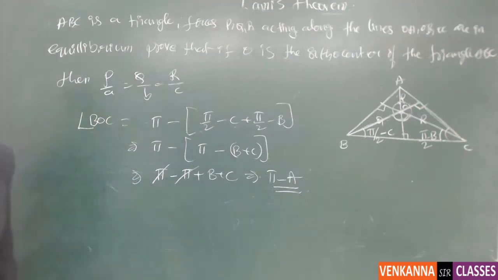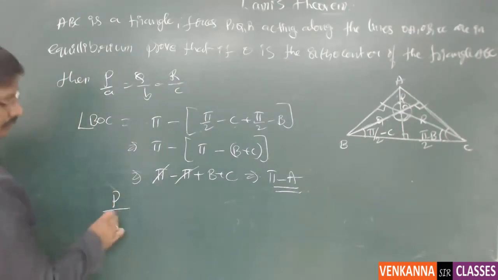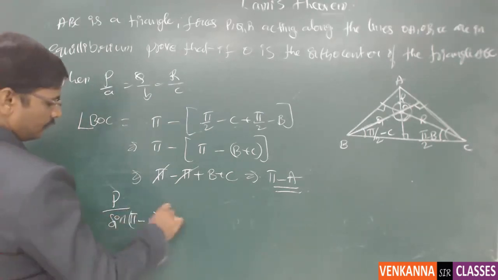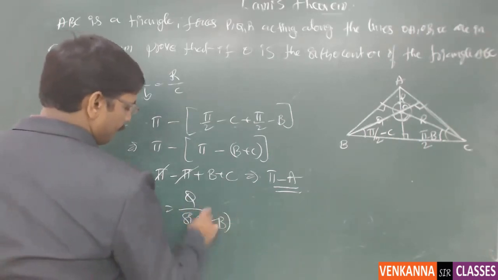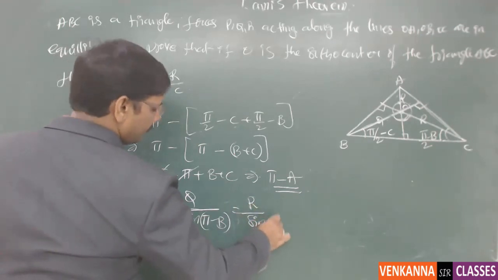If you apply Lami's theorem on that, then P by sin(pi minus A) is equal to Q by sin(pi minus B) is equal to R by sin(pi minus C).